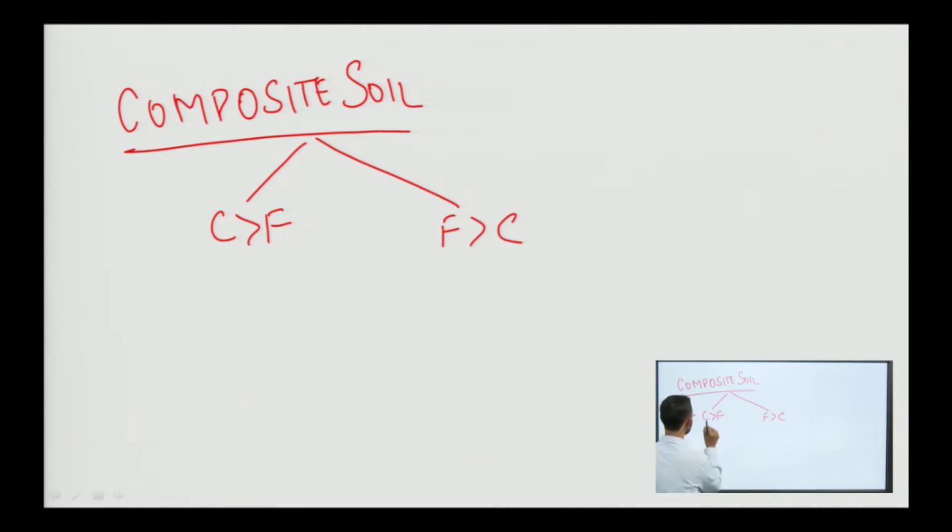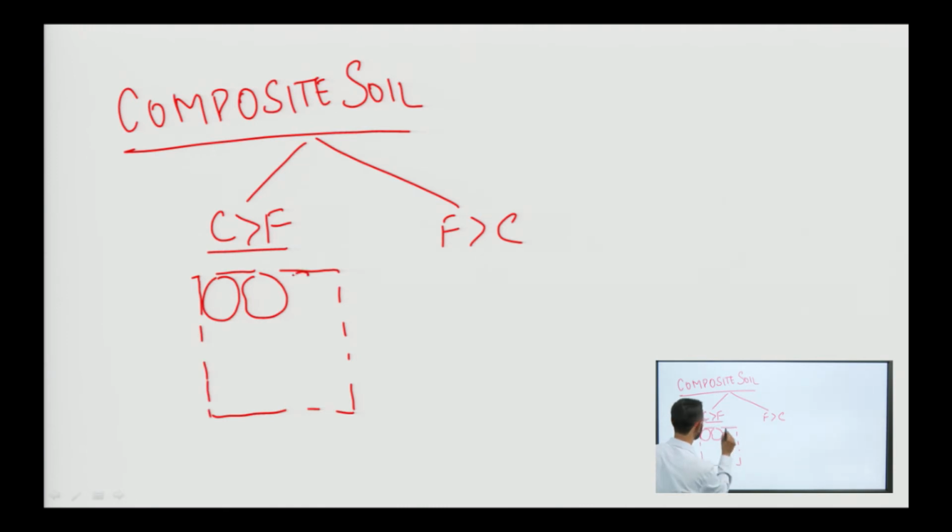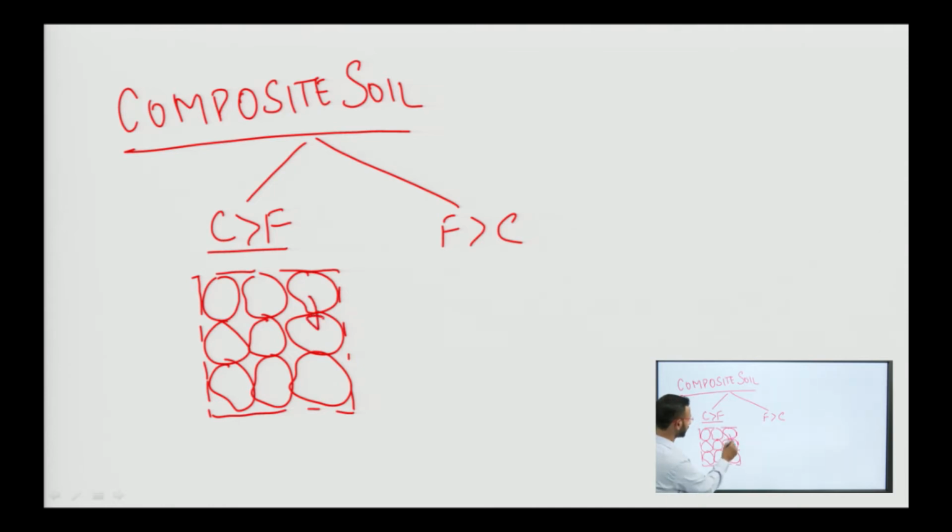If coarse grained is more, then in a particular volume the major portion and the interparticle contact is between the coarse grained particles, but the fine grained particles are also acting here.